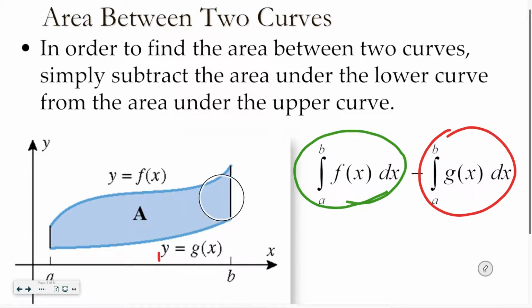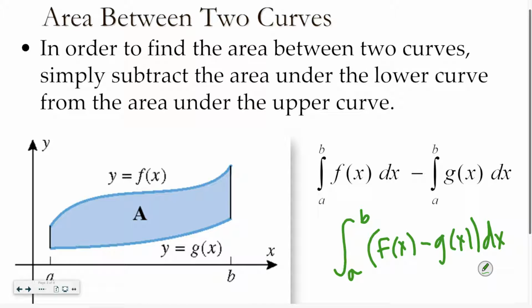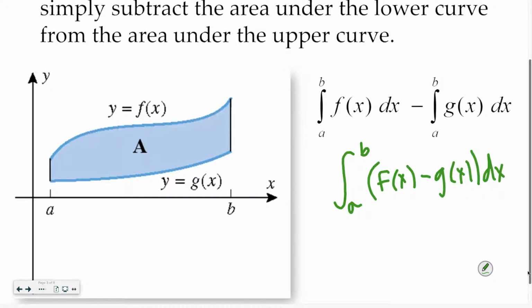Okay? So what we can write is the area between curves would be the integral from a to b of f of x minus g of x, where f of x would be what we call our top function, and g of x would be what we call our bottom function.